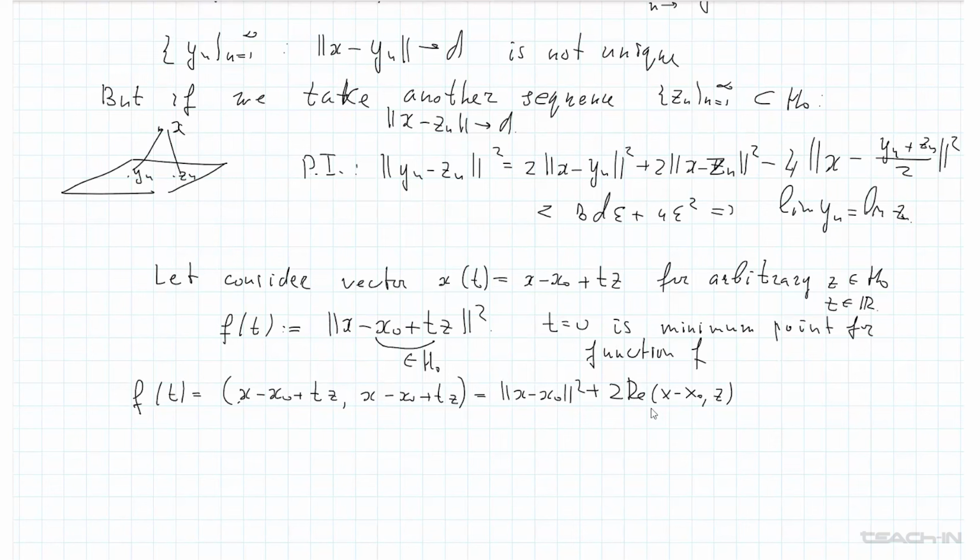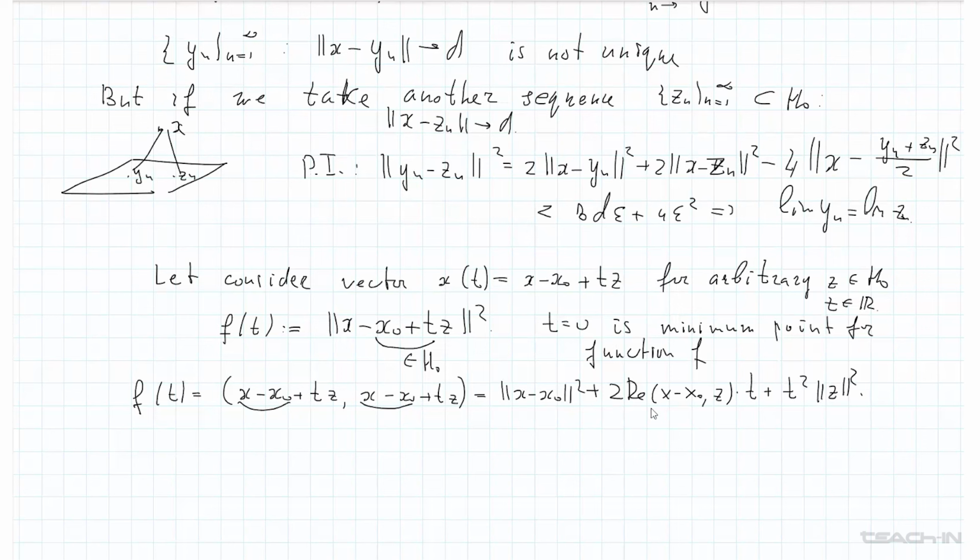I want this difference to be a general element, and you consider that we have the scalar product between this element and z, and z and this element, but in complex space these are two conjugate numbers, so we obtain the double real part, multiplied by t, plus t squared times the norm of z squared.